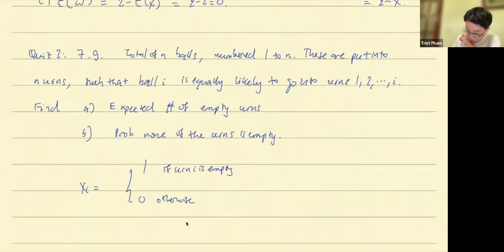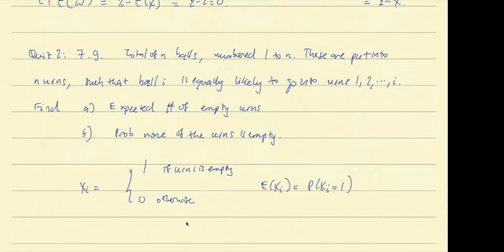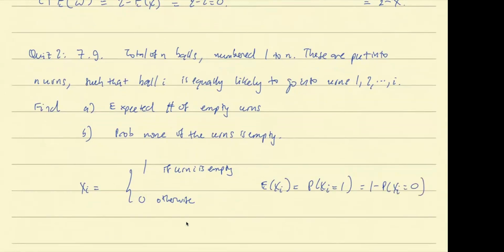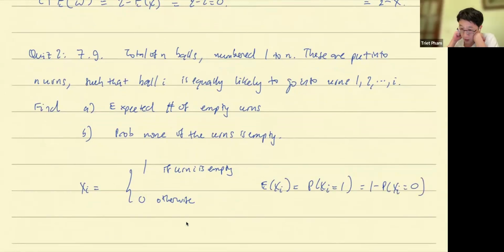And so expectation of xi is the probability that urn i is empty, which is what? I over n, or empty would be 1 minus i over n. So it's 1 minus probability xi equals 0, which is probability something is in urn i.